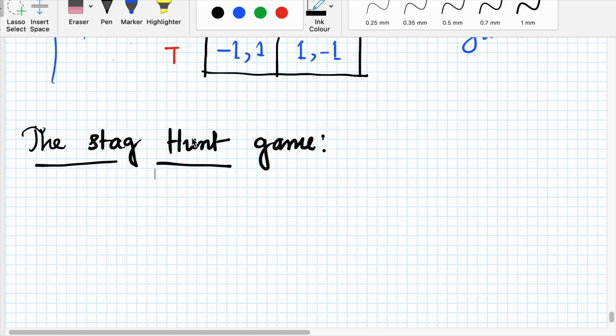As the name suggests, this game was first introduced to explain the situation a group of hunters is facing, a strategic situation which represents the conflict that a group of hunters face during their hunt.